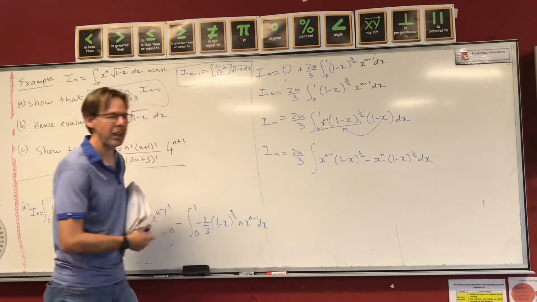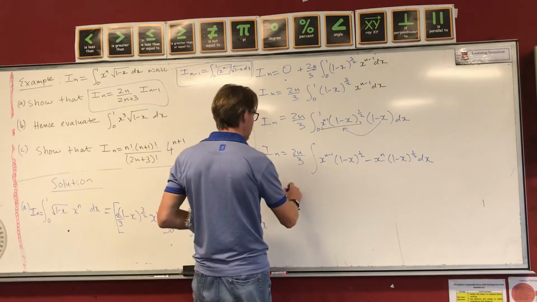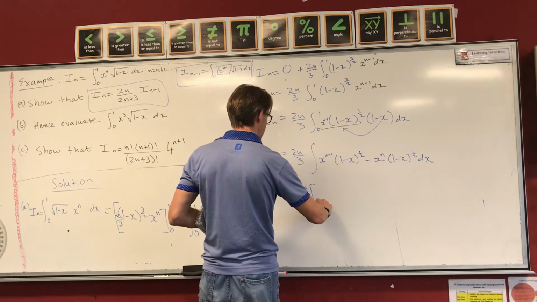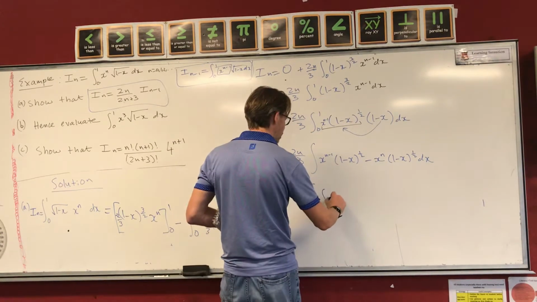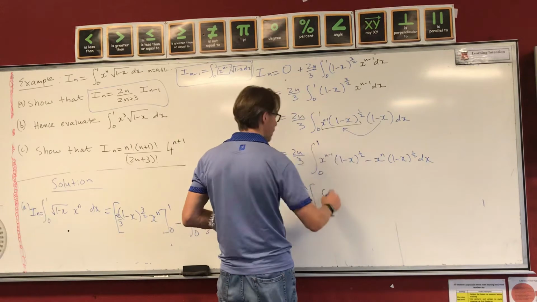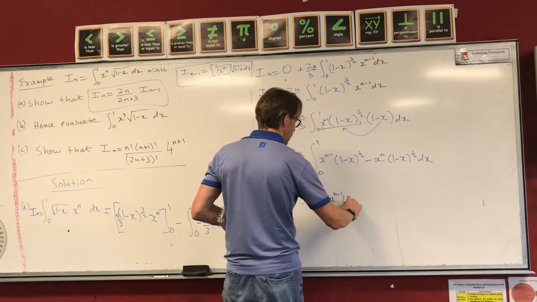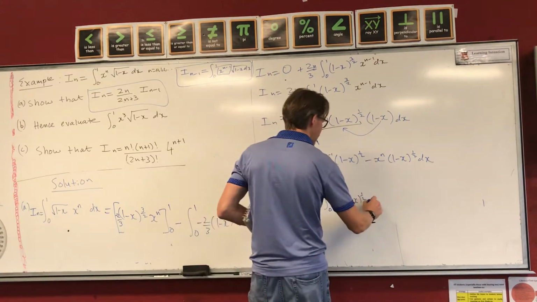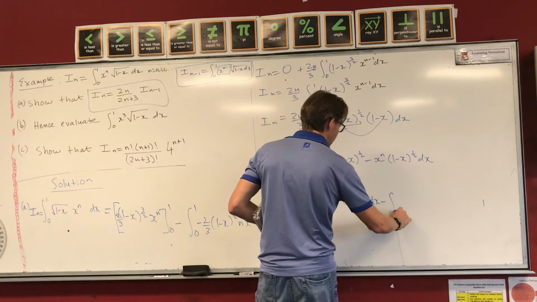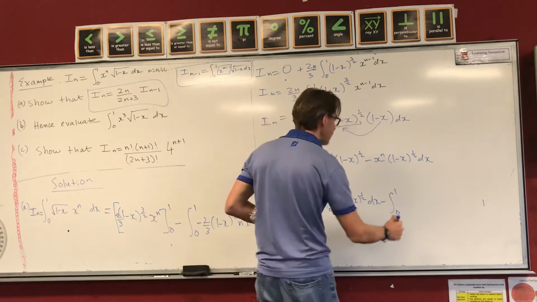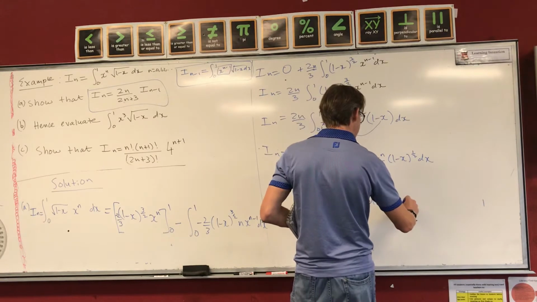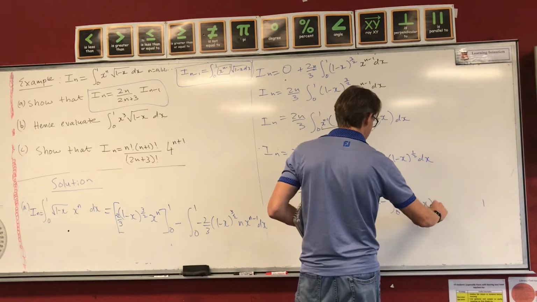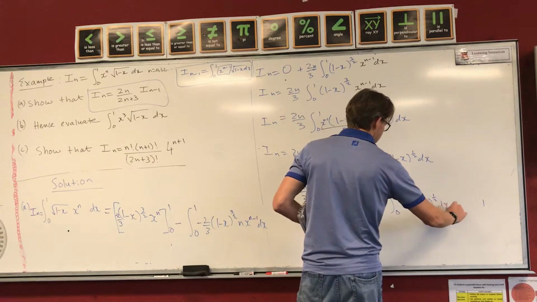Now, I could write this as two integrals, couldn't I? I could go 2n on 3, open bracket, integral of, this should be from 0 to 1, shouldn't it? x to the n minus 1, 1 minus x to the half, 0 to 1, dx, minus integral from 0 to 1, and then x to the n, 1 minus x to the half dx.